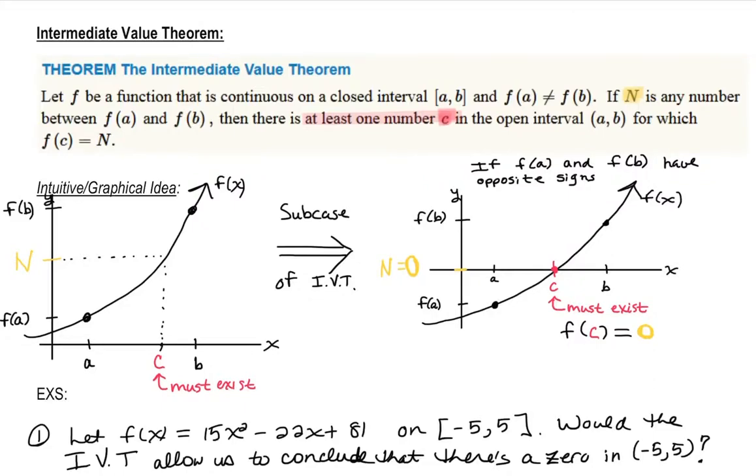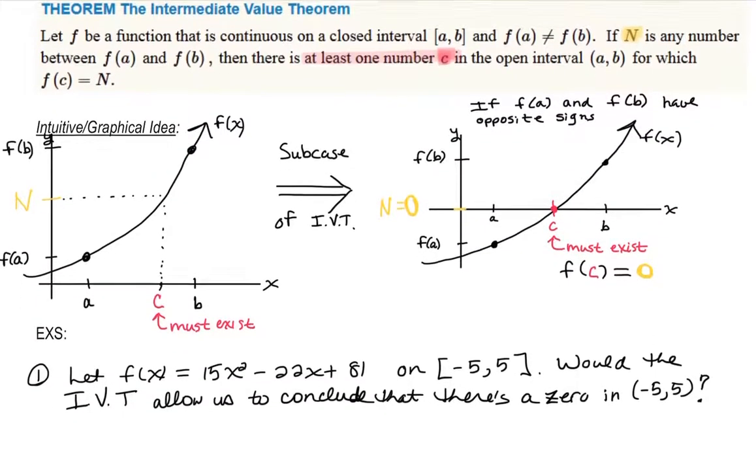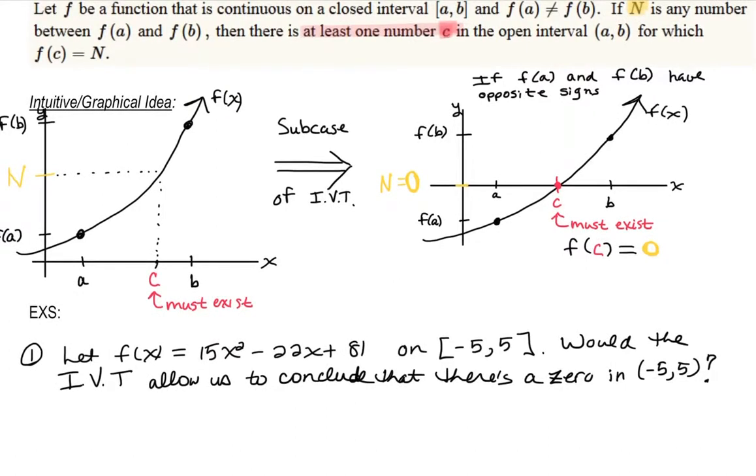Okay, so notice you're not actually being asked to find the 0. You simply want to answer, are the conditions there for the intermediate value theorem to conclude that there must be a 0? So let's go through our conditions. The first condition is that f is continuous on this closed interval.